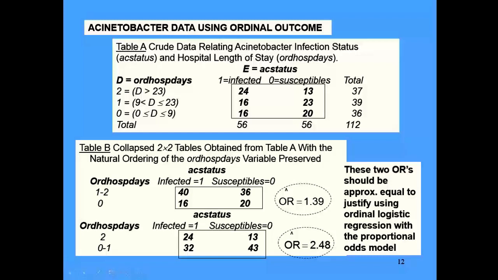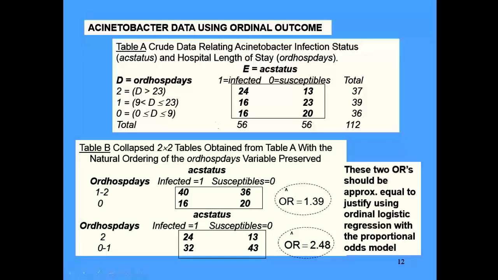Notice what I haven't done is combine 0 and 2 and compare it to 1. Why didn't I do that? Because that messes up the ordering. If I go 0 and 2 versus 1, that's not allowed. I can only keep the ordering if I want to do this. Now, if I compute the odds ratio for these 2 tables, they are 1.39 and 2.48.